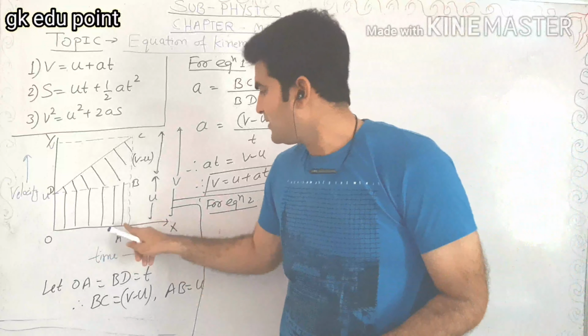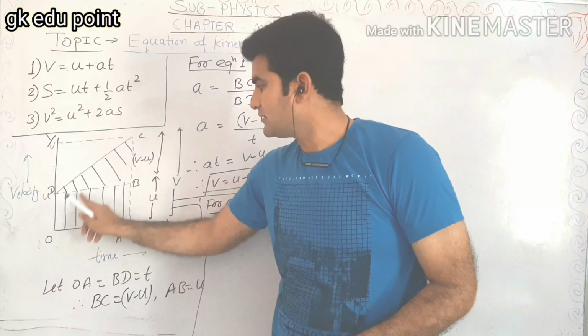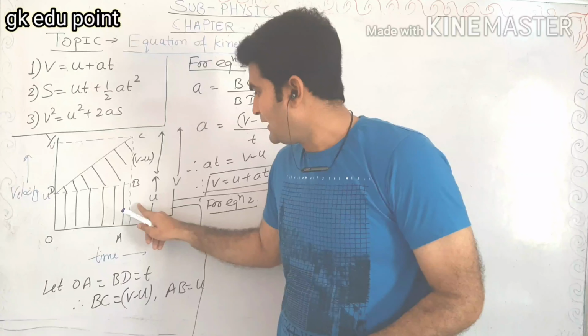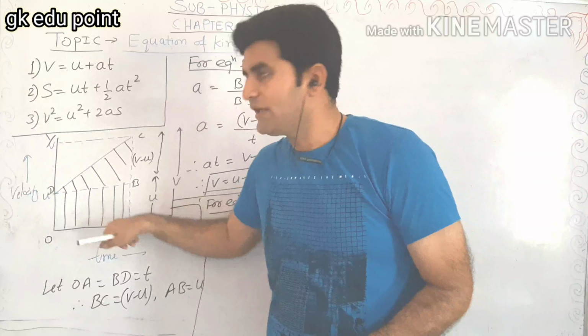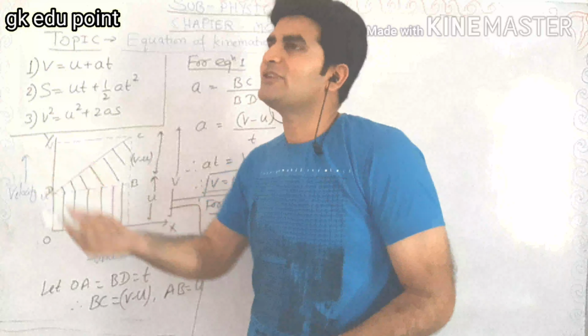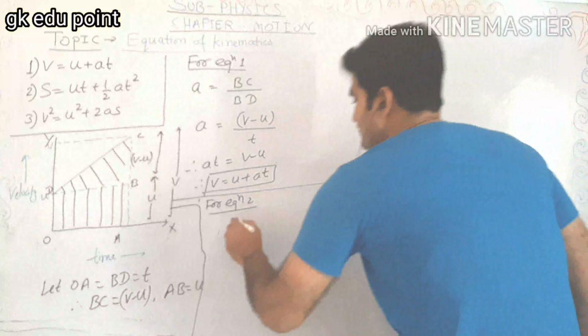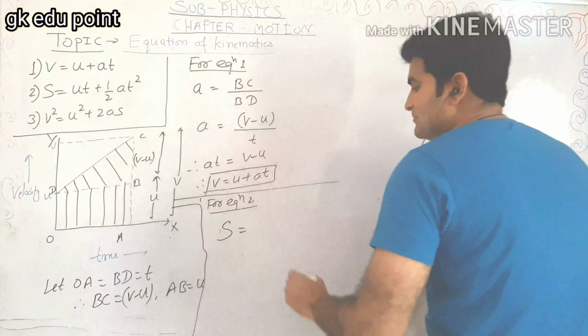For example, if we measure the area of this rectangle, the area will be AB into OA. AB represents u, OA represents t. So u into t, meaning velocity into time, will be displacement.